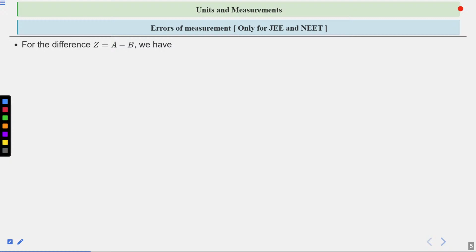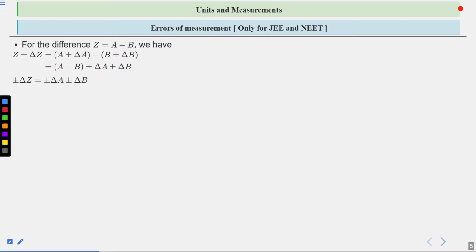Now if we talk about the difference, where Z is equal to A minus B. In that case we have Z plus minus delta Z is equal to A plus minus delta A minus B plus minus delta B. So it will be A minus B plus minus delta A plus minus delta B. Here delta Z, delta A and delta B represent absolute errors.